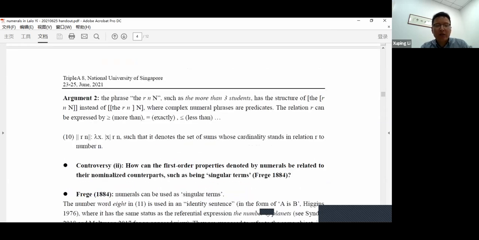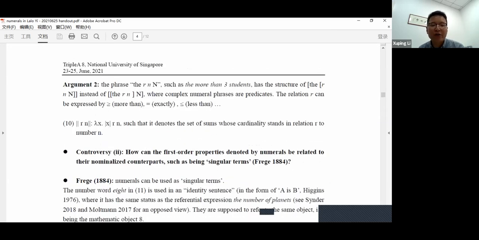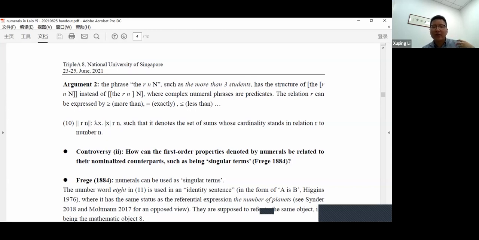The second one is the complex expression, like "the more than 3 students". It would have a structure where "more than 3" is a modifier, which then composes with "students". This is different from the previous analysis, where "more than 3" actually goes with the determiner, not with "3 students", okay?